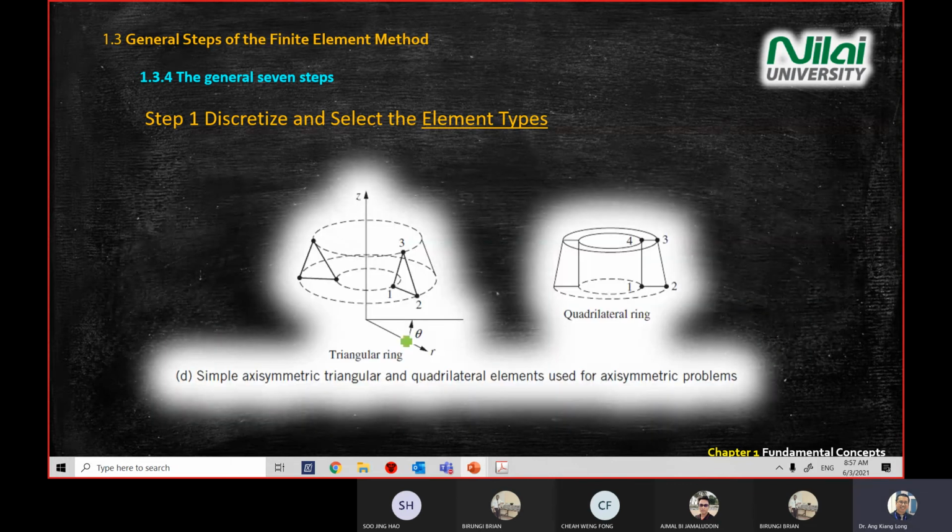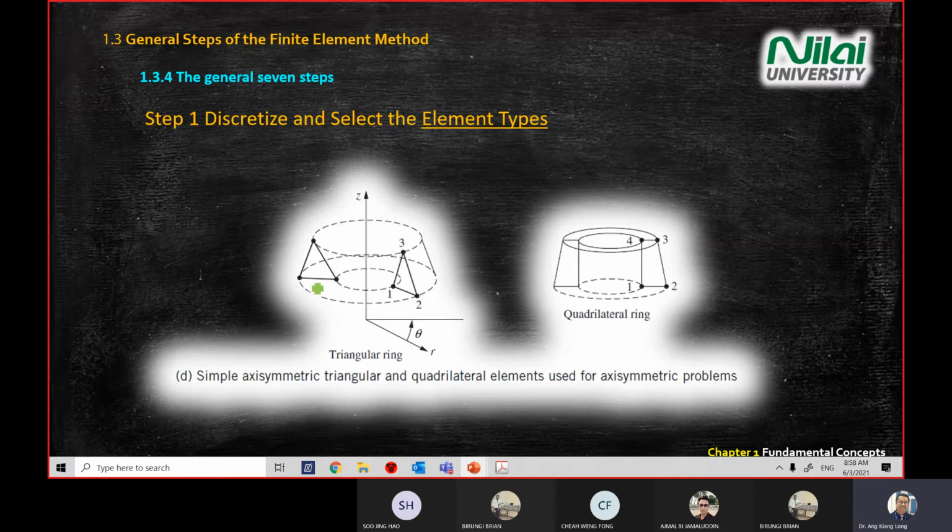And another type of element is the symmetry type. In this case, on the screen here, if you have a cylinder shape, then you can break it into a symmetry plane, and then you only need to simulate that particular element. For example, on the left hand side, you have a symmetry object.